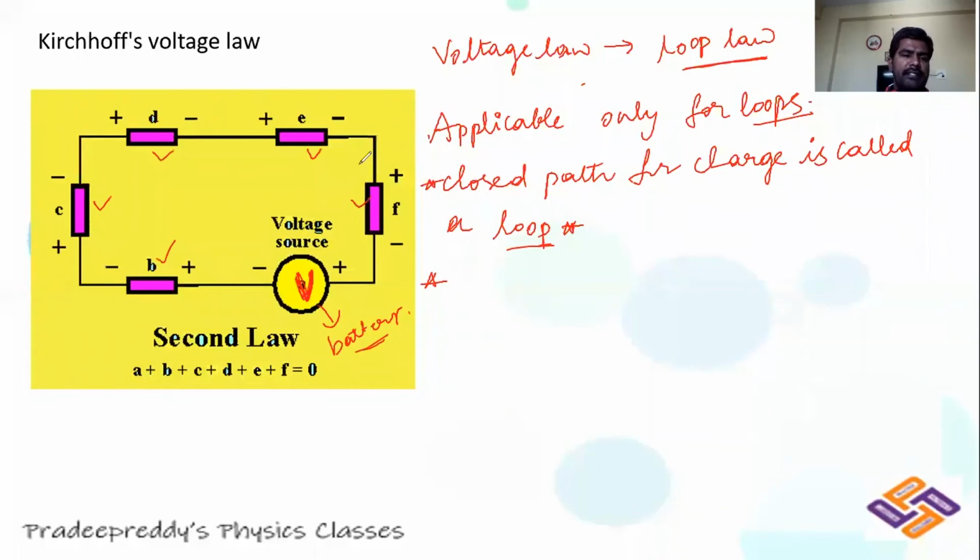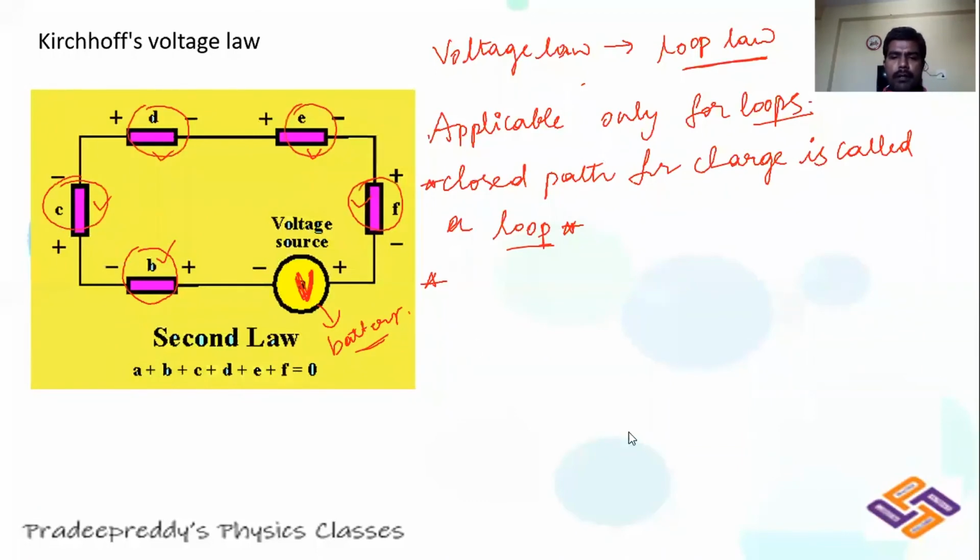These can be resistors, capacitors, bulbs, fans, any consumers. The total voltage which you are supplying within this closed loop will definitely be dropped across the first consumer, second one, third one, fourth one, as well as the fifth one.